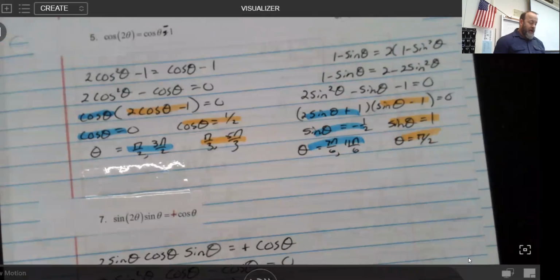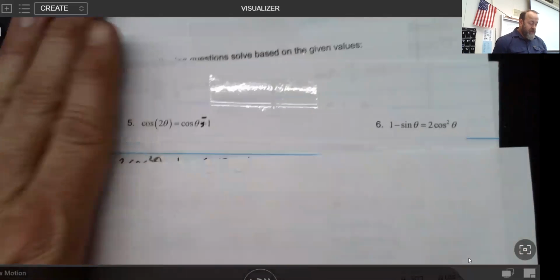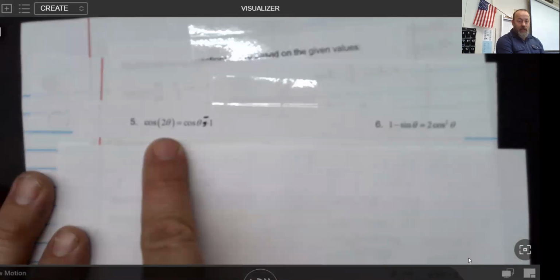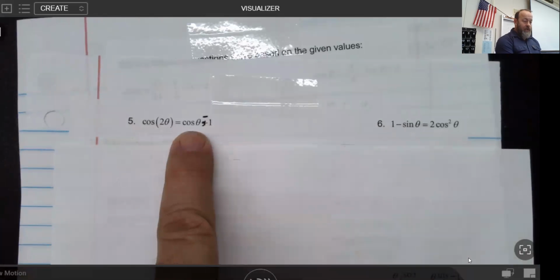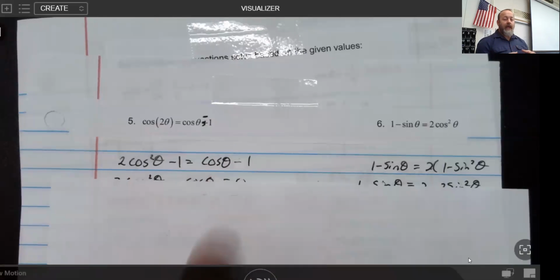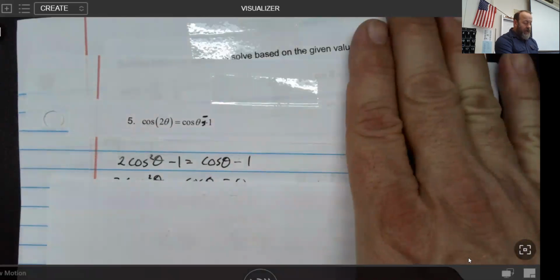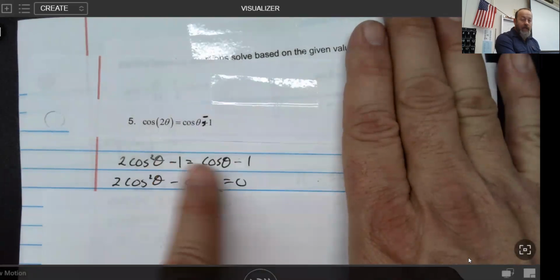So the first thing that I personally like to do when asked to solve a problem is if I see a question like this, I would look up the identity that involves a cosine. And if you look at our list, we had one identity that was 2 cosine squared minus 1. So notice that I have these things set equal. If I subtracted the cosine to the other side, notice these ones would cancel.